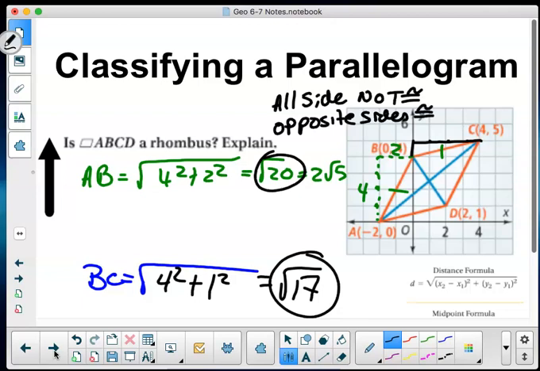Now, I've got some people going, Bloom, you didn't check all the opposite sides. I don't have to, because opposite sides are congruent automatically in a parallelogram. So because these two consecutive sides are not congruent, all sides aren't congruent together, just the opposites because it's a parallelogram. So this is not a rhombus.